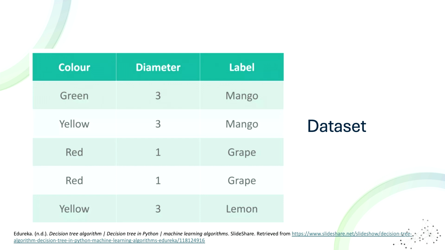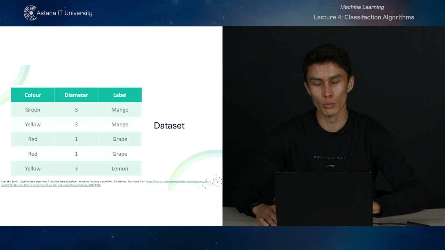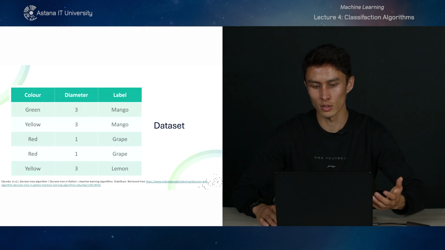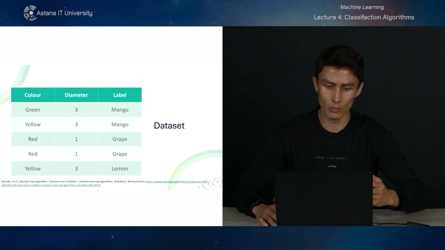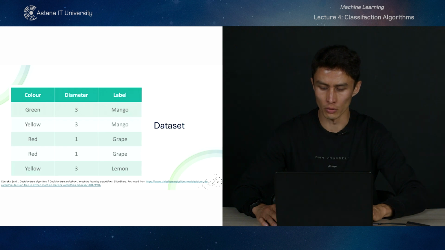In this example, we need to classify, for example, a fruit. Let's say we don't recognize it by ourselves, or maybe we do, but we want to classify with some algorithm. We don't want to get involved in this process, but we want it to be decided by the computer.